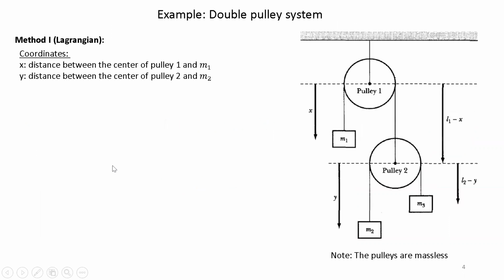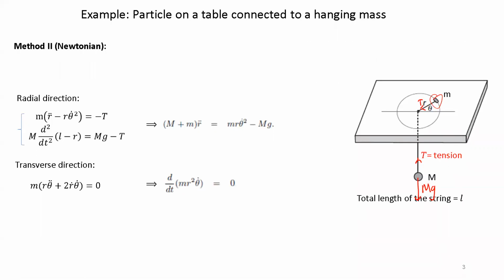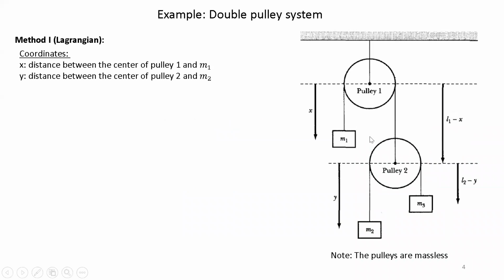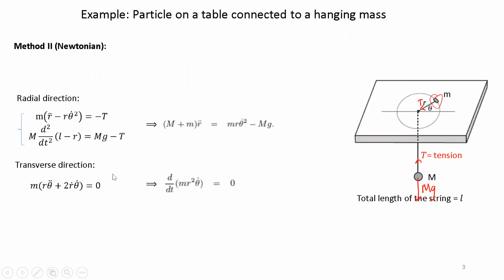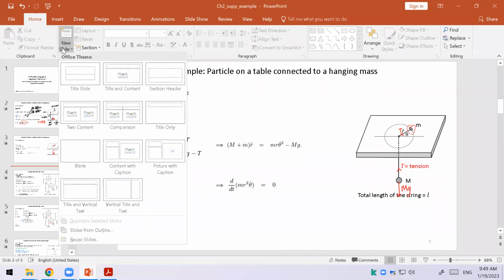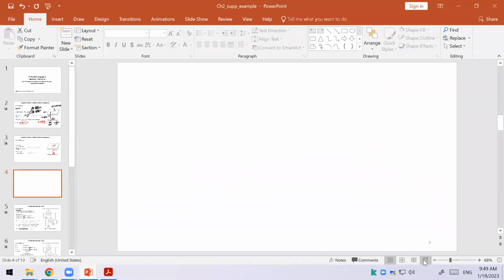So then let's move on to the next example. This one is more complicated, and I will start with a simple case first before moving on to this. This is actually an example taken from the textbook of the course, the textbook by Marion. Before I actually do this, let me just remind you of the basics of the pulley system.